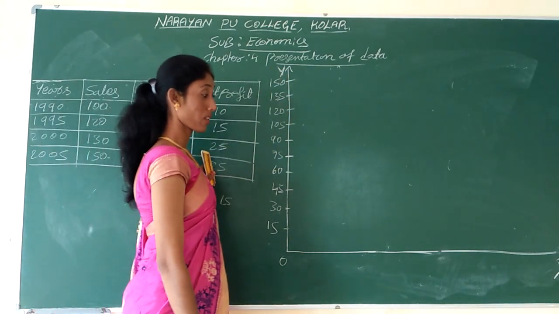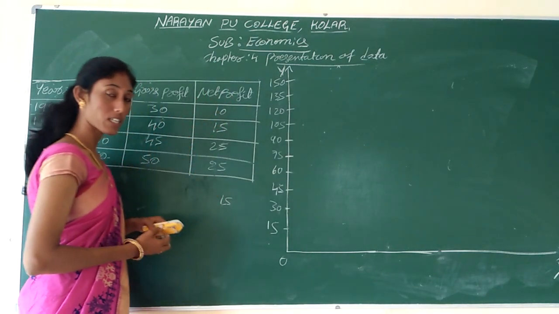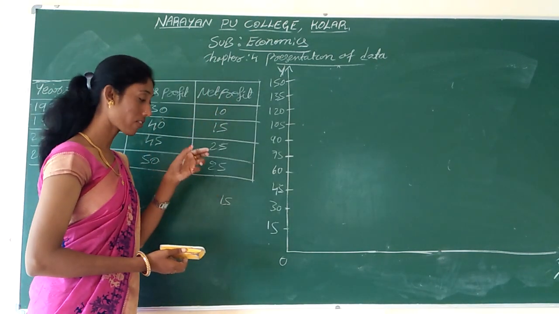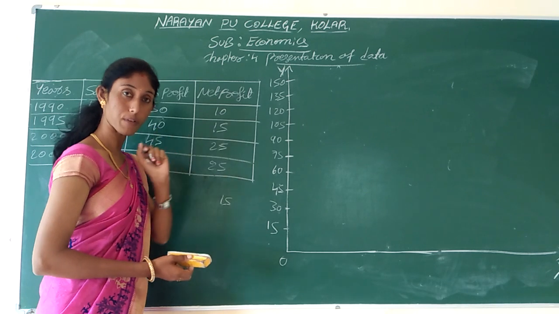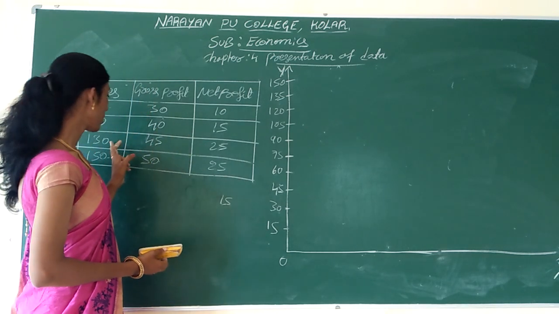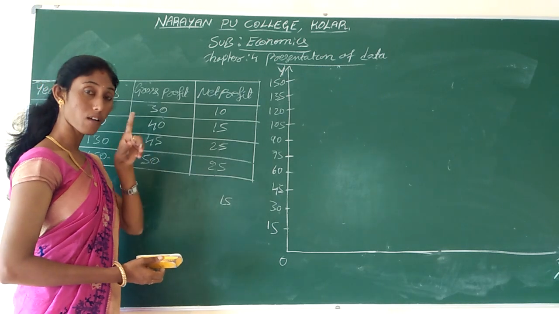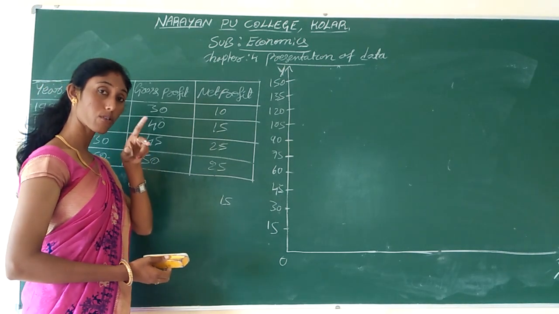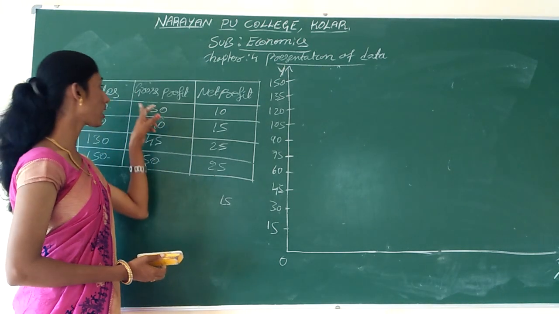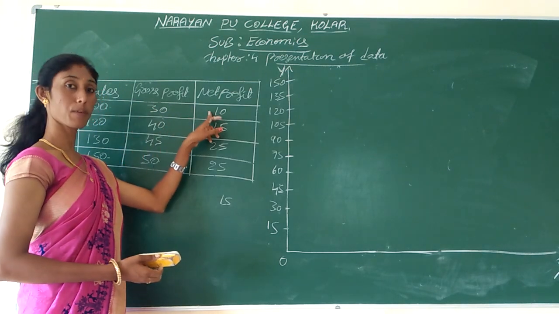Then here, to construct a simple bar diagram, we take 2 points of space for one particular bar. But here we are going to draw 3 bars for a particular year. For 1 year, we are going to draw 3 bars because we have 3 variables.